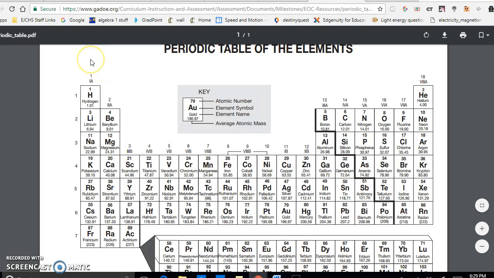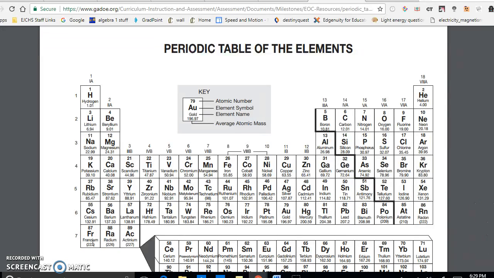But what you're going to do is, if you put on here, these vertical columns, so straight up and down, are called families or groups. And families or groups tell you how many valence electrons an atom has. Okay, and we'll talk about that more in just a second.